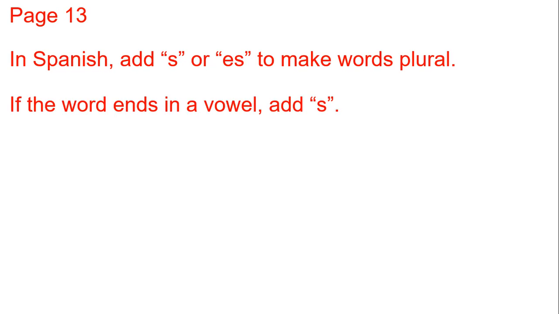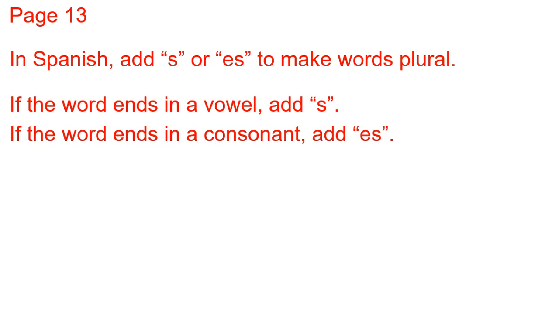If the word ends in a vowel, you're just going to add S. So if the word ends in A, E, I, O, or U, those are all the vowels, simply put S at the end and it's plural. If the word doesn't end in a vowel, if it ends in a consonant, you're going to add ES.